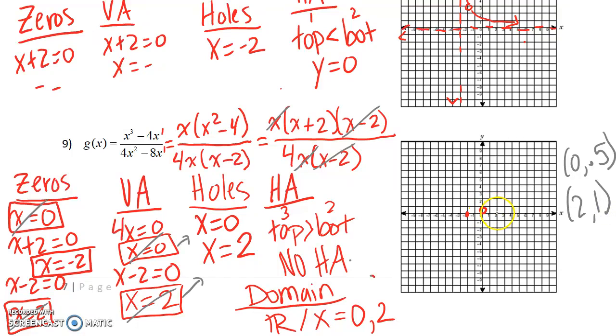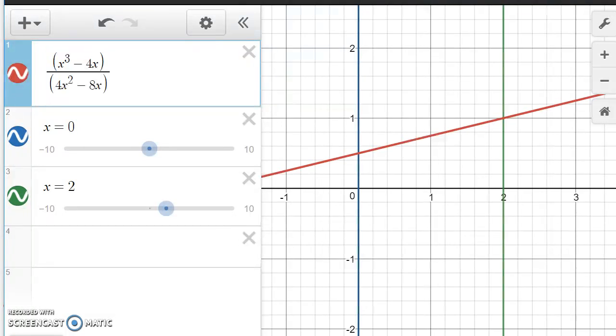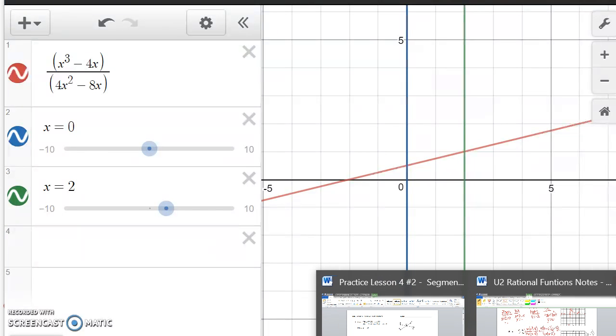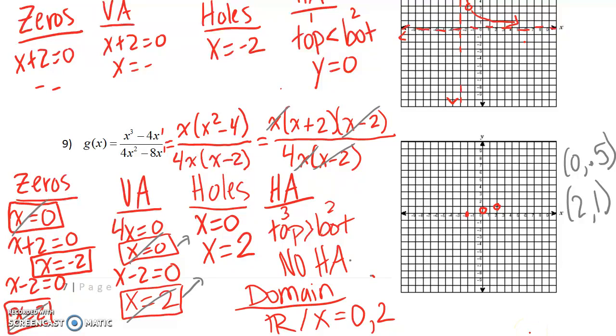So I'll go to an x value of 2, and then at about 1, let me get my red pen, there's another hole. As you can see from the graph, if I zoom out a little bit, it's just a straight line with those points. So do the best you can drawing a straight line.